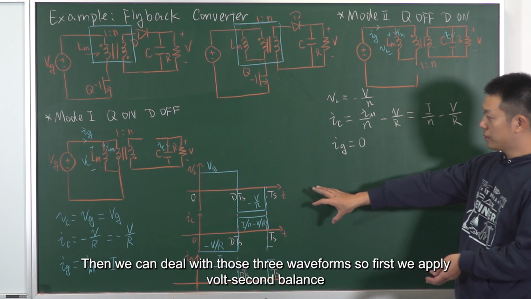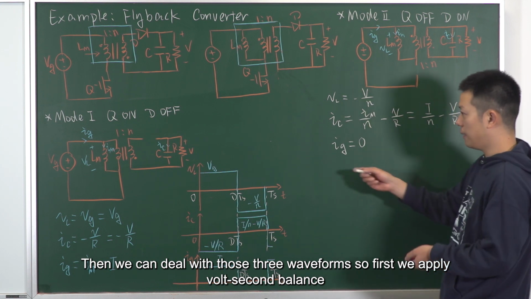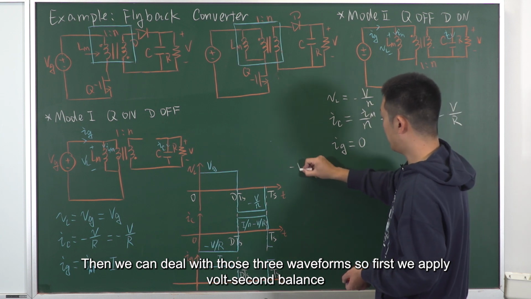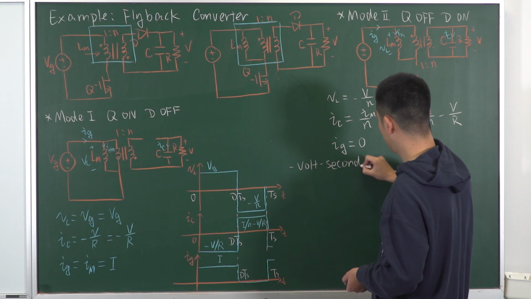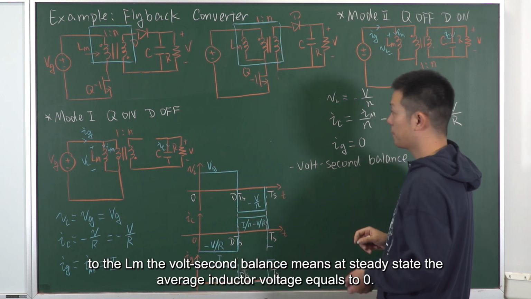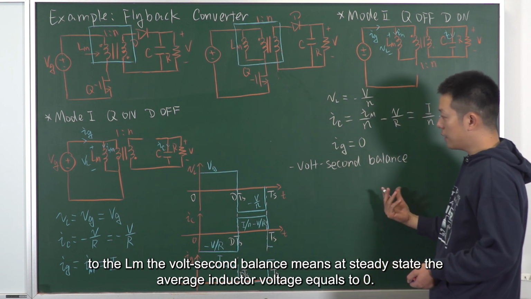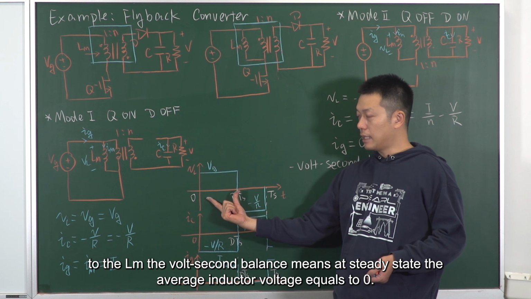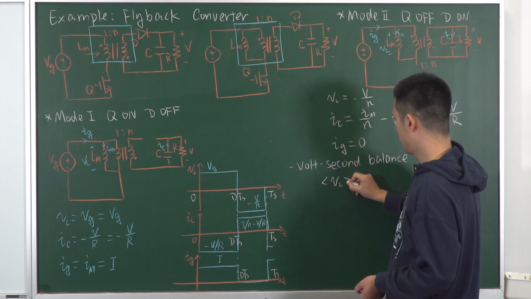Then we can deal with those three waveforms. First, we apply the volt-second balance to the LM. Volt-second balance means that at steady state, the average inductor voltage equals 0.